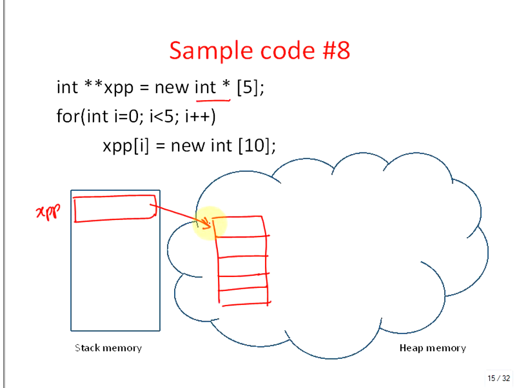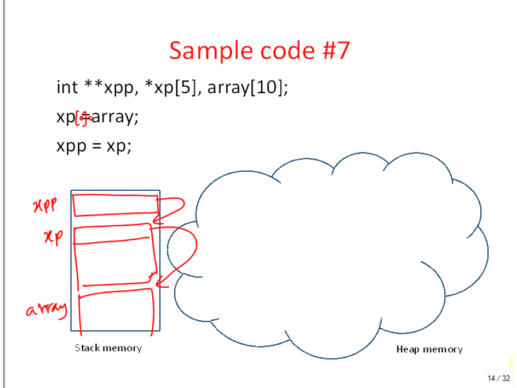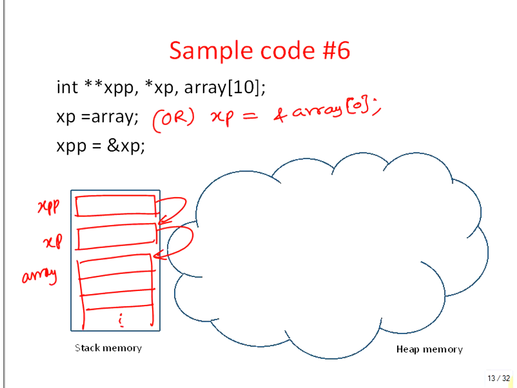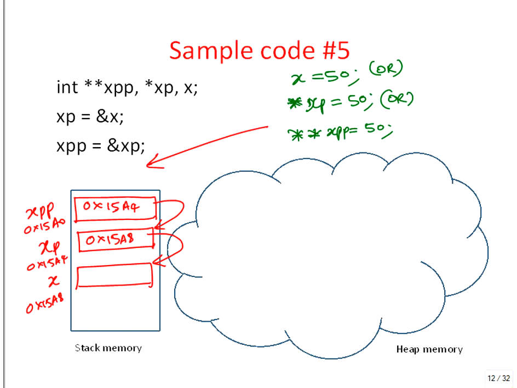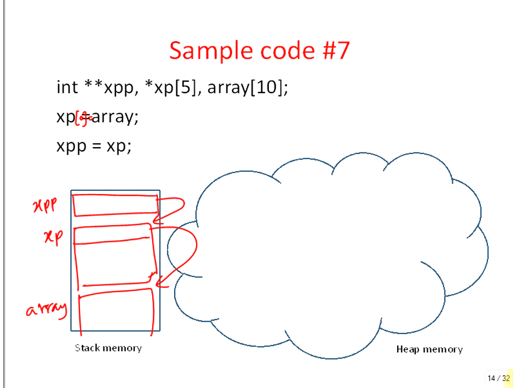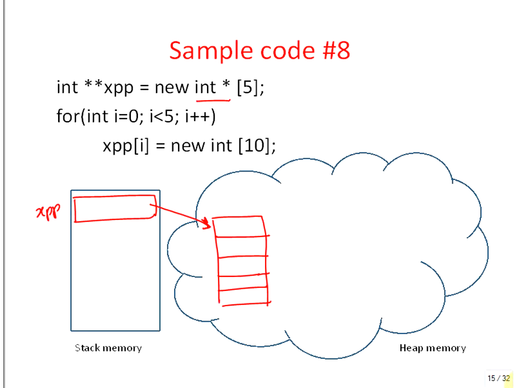So you can see the pointer array also has moved in. See, in the previous example the pointer array was in the stack, right? So this is the first time we have managed to move the pointer array itself to the heap. Okay, so now for each one you are allocating 10, so that's no difference.